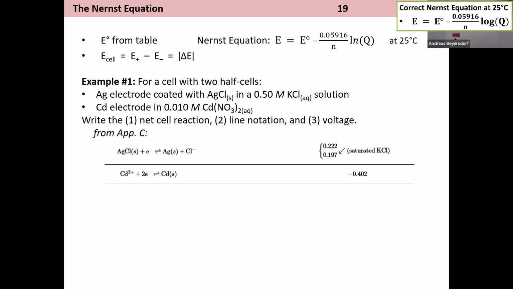Why don't I have concentration for the solids? Because solids can't have concentrations, they're just solids. And notice here, I don't have to include the cadmium nitrate, right? Because nitrate's just there.